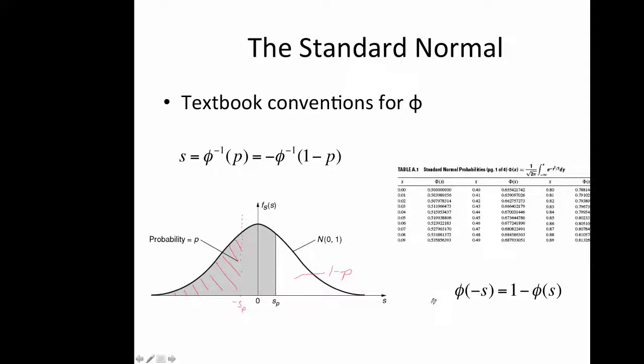The other thing that your textbook uses is a negative value of S. In this case, we have, as I drew, a minus S sub p. If we have the CDF function of a minus S, it's the same thing as 1 minus the CDF function of the positive S. And what is the CDF function of S?